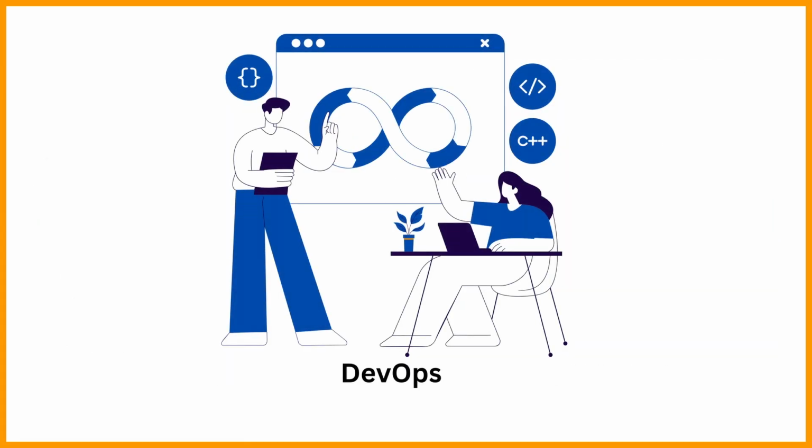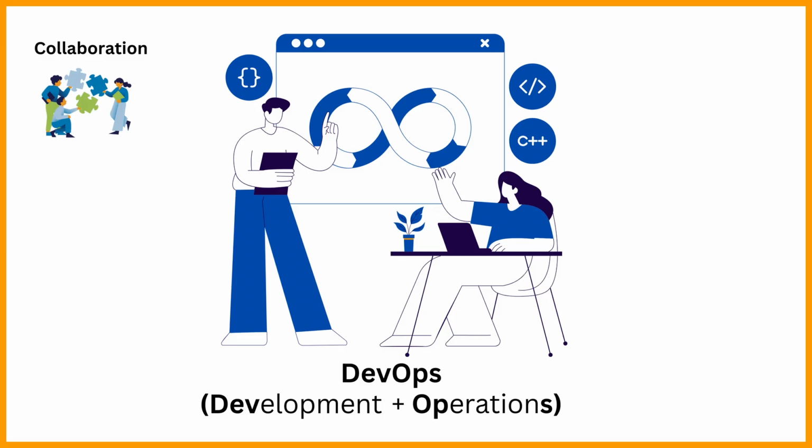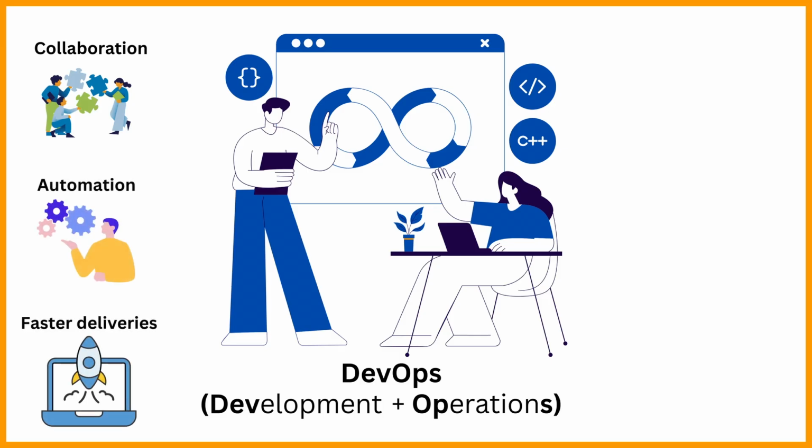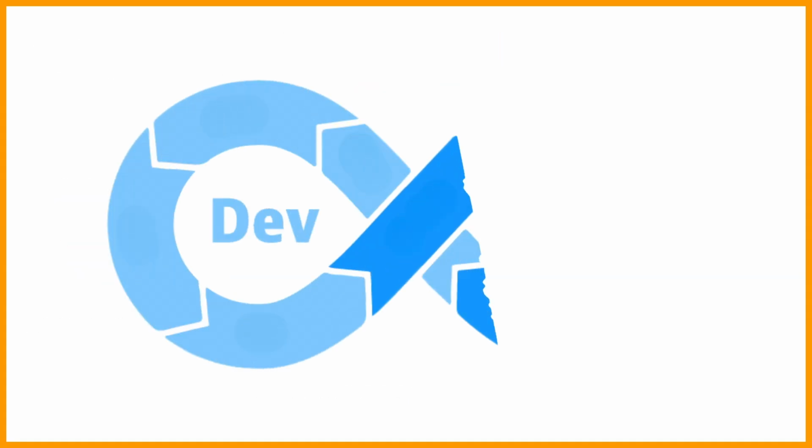So what is DevOps? DevOps is short for development and operations, but it's much more than just combining two departments. It's a cultural and technical movement designed to improve collaboration, increase automation, and accelerate the software delivery process. The DevOps approach is often symbolized by the infinity loop.